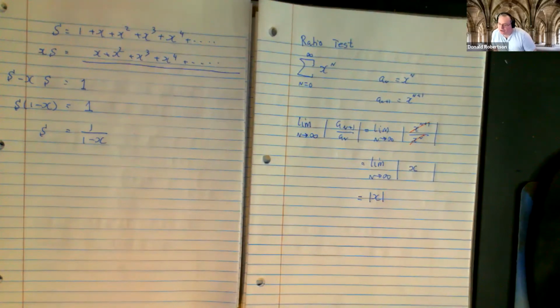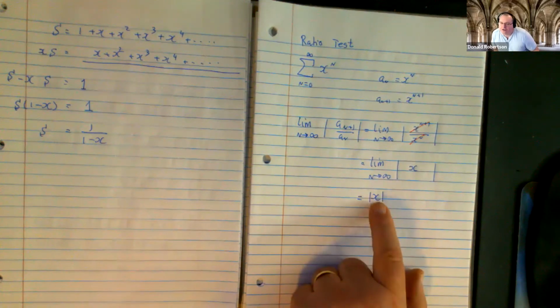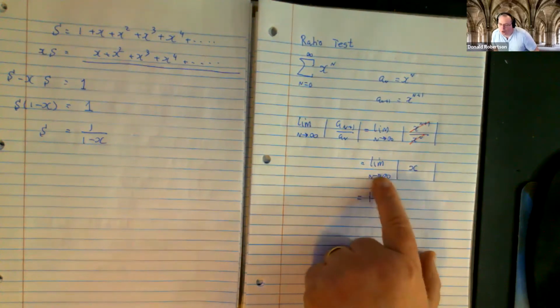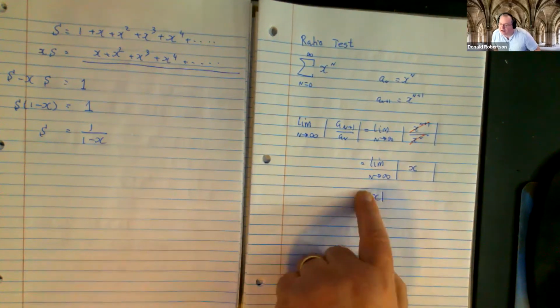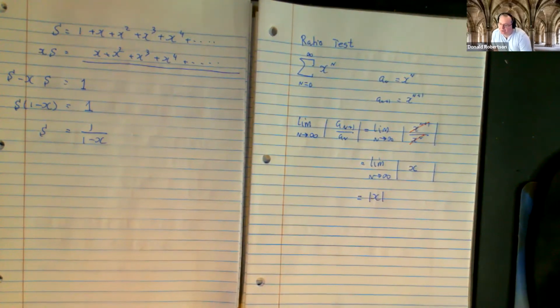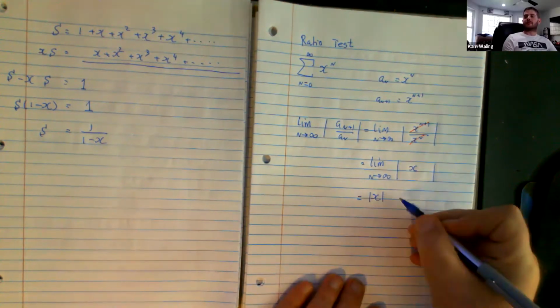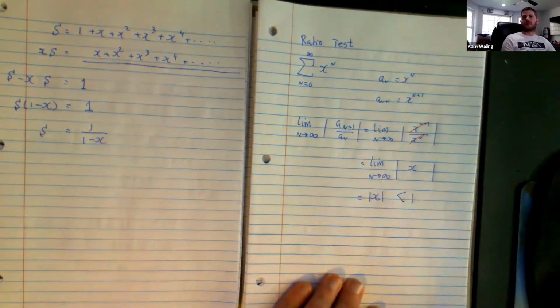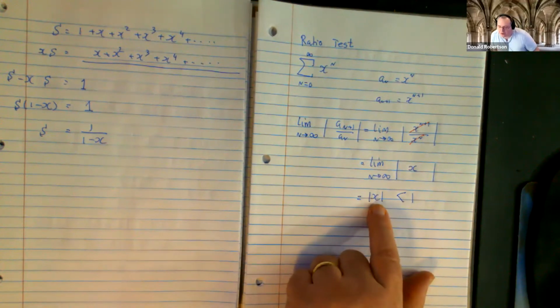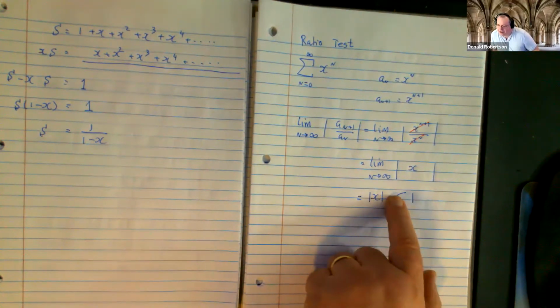It's a bit like saying what's the limit as n tends to infinity of 42? The answer is just 42, right? Now, according to the ratio test, what must the limit be less than to converge? 1. So we are looking for values of x where the absolute value of x is less than 1.